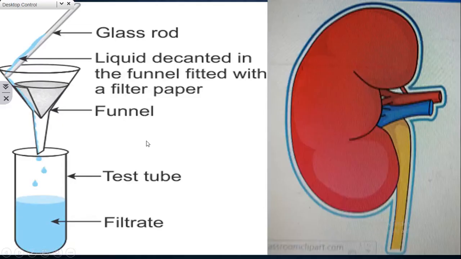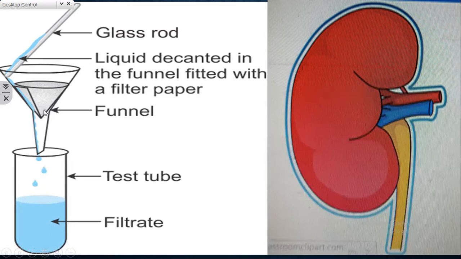So this first picture shows how filtration is carried out. It requires a glass rod, funnel, filter paper, and beaker. First you have to fold the filter paper into a cone shaped structure and keep it inside the funnel. Then allow the mixture to pass through the glass rod. It reaches the filter paper.